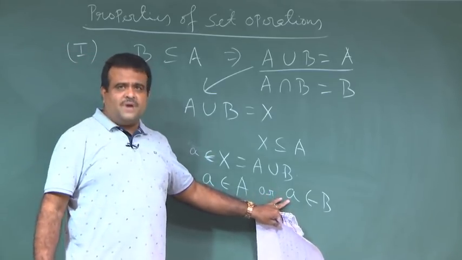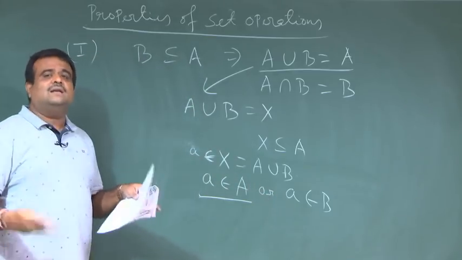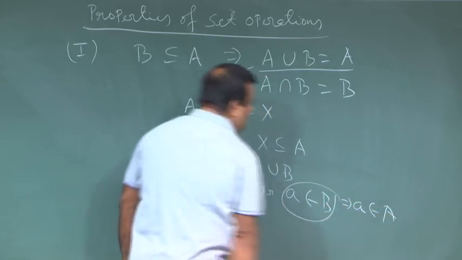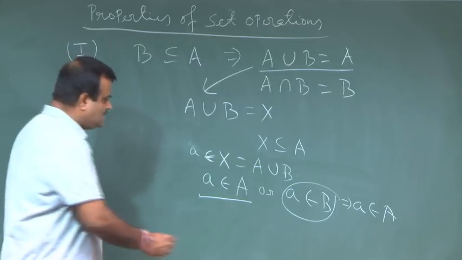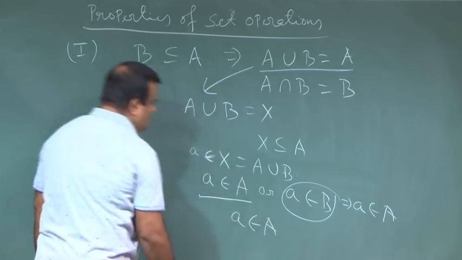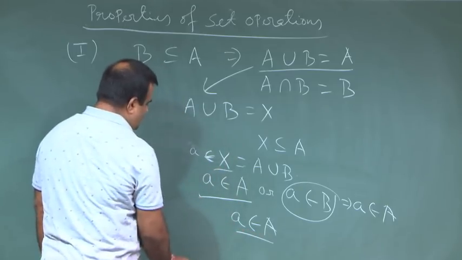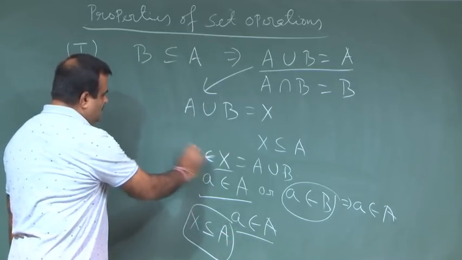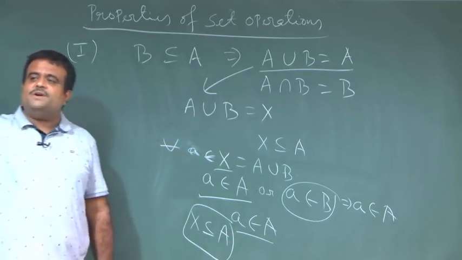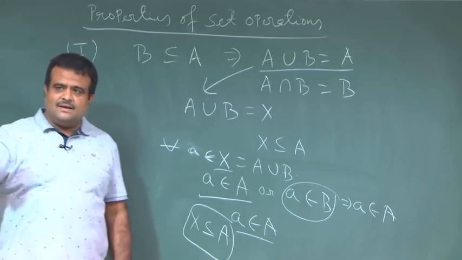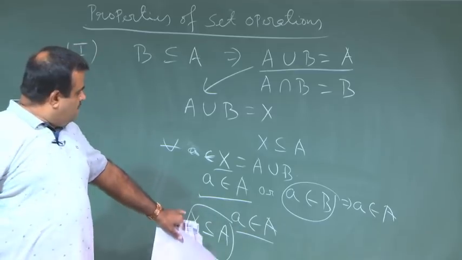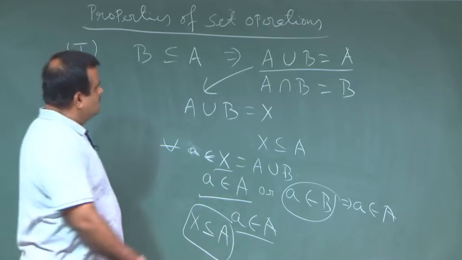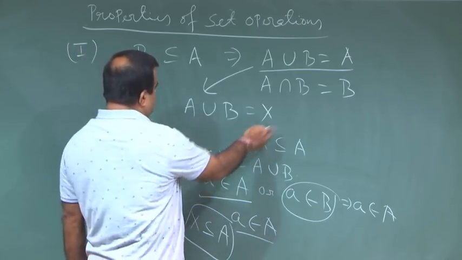Otherwise, if a belongs to B, now B is a subset of A, so this implies a belongs to A. So in any case, a belongs to A. So a belongs to X means a belongs to A. That means X is a subset of A, because this is an arbitrary element: for all a belonging to X, we took an arbitrary element from X and proved that a belongs to A. So X is a subset of A, and we already have A is a subset of X. So that is when this is true.